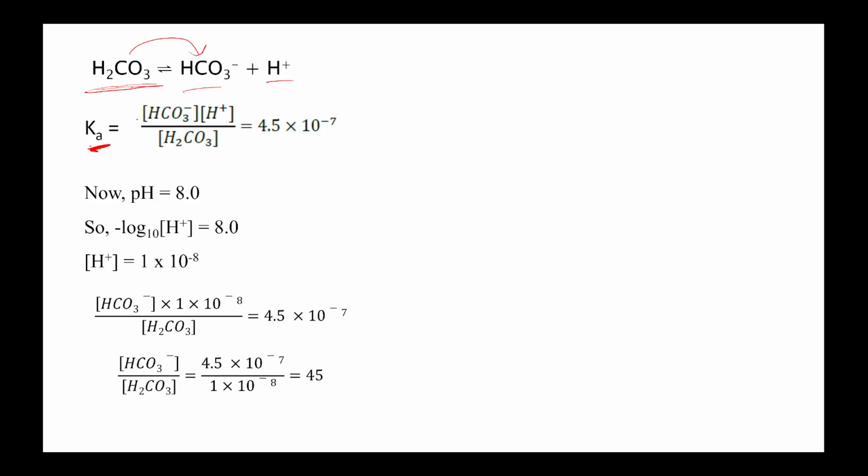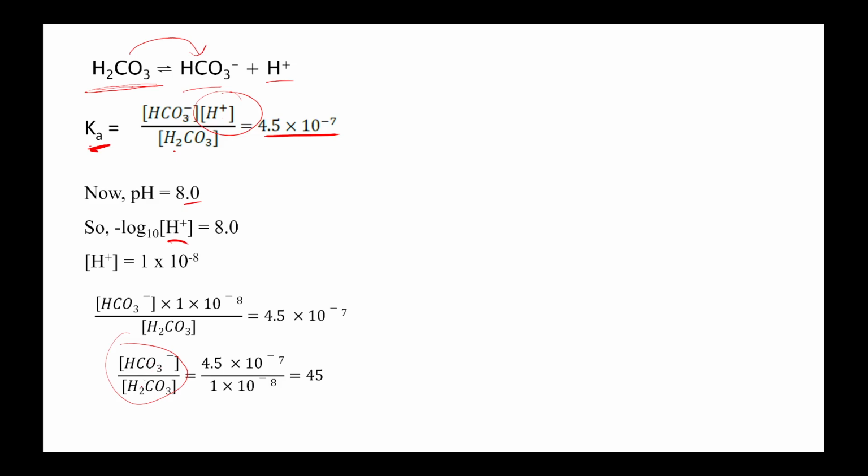So we can write this dissociation constant as the concentration of HCO3 minus multiplied by the concentration of H plus ions divided by the concentration of H2CO3. Now this value is given as 4.5 into 10 raised to the power minus 7. pH is given as 8, so you can calculate the H plus ion concentration. That would be 10 raised to the power of minus 8. And you can replace the H plus ion concentration in this equation. From that you can get the ratio of the salt concentration divided by acid concentration. This is basically the salt concentration because this is bicarbonate ion.